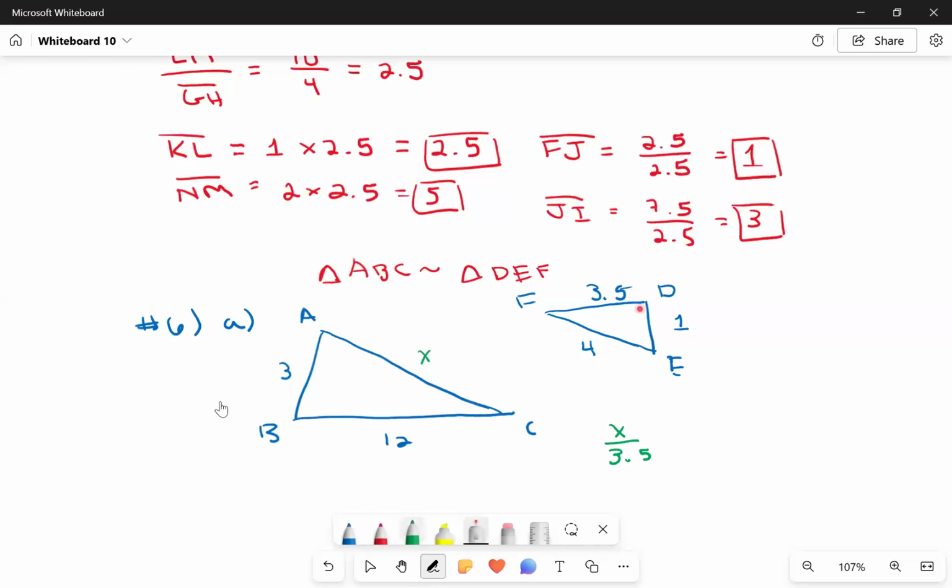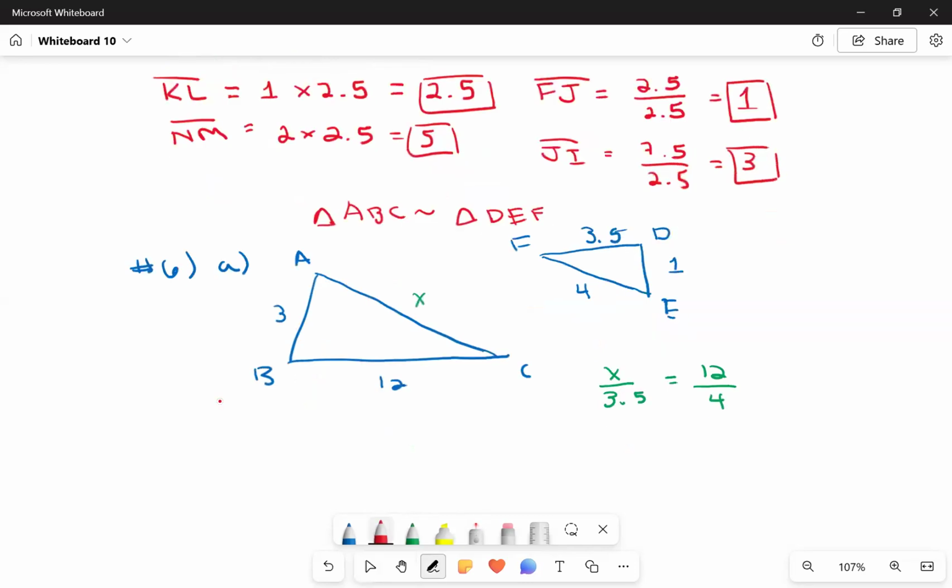All right, back to the algebra here. So X over 3.5 is going to equal, okay, here I'll use the long side this time, the same thing as 12 over 4. So I'm using the two long sides. All right, and then I can just cross multiply this to solve.